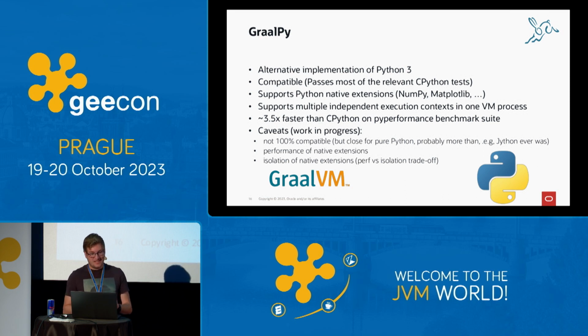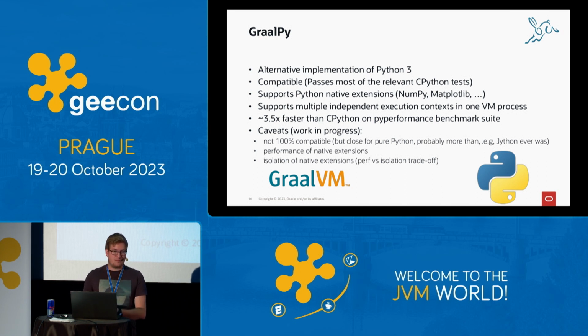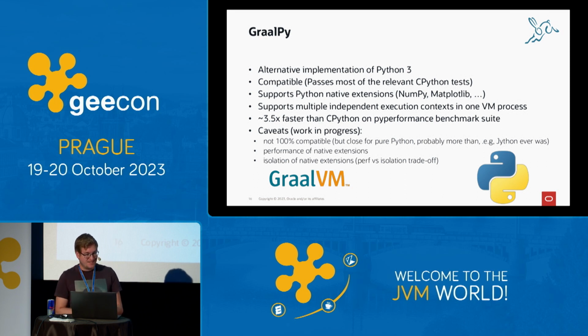Of course, there are some caveats. It's not 100% compatible. I think it's quite close for pure Python code. It's a bit farther with native extensions, but we're working on that. And as a data point, I think it's much more compatible than JIT ever was. I think it's probably as compatible as PyPy or maybe more. But that's all my educated guess.